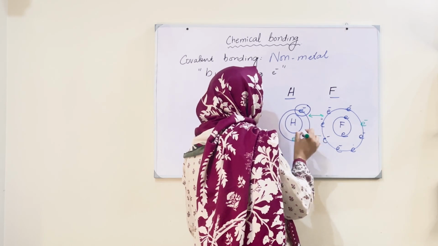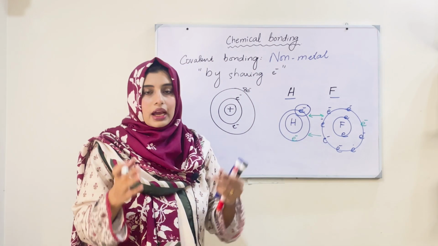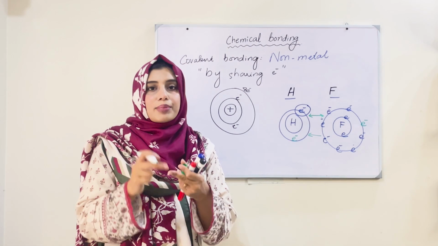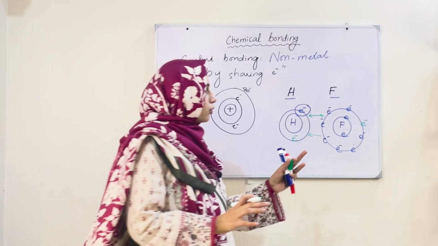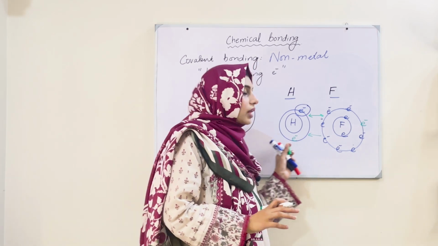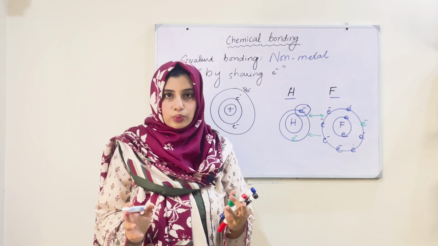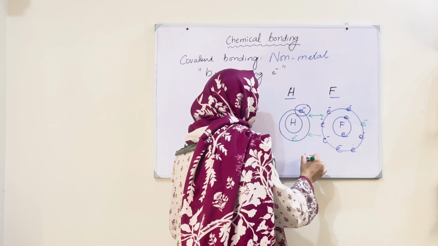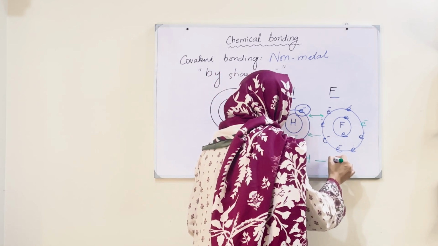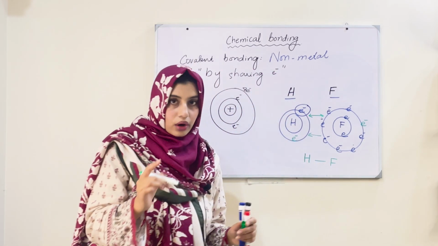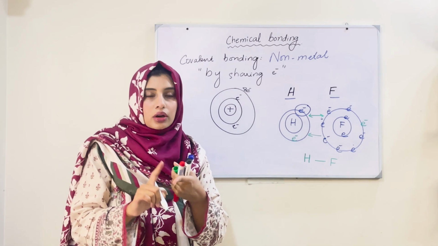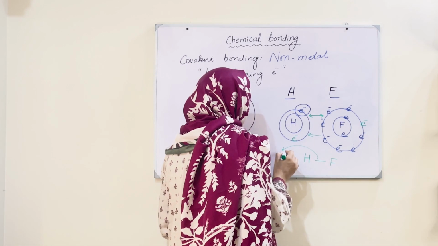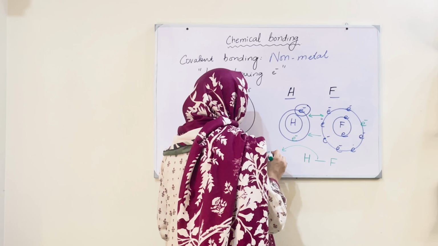Hydrogen is sharing its 1 electron with fluorine and making fluorine 8, and fluorine is sharing its 1 electron with hydrogen and making it 2. So both are stable now, and the bond formed between hydrogen and fluorine is called a covalent bond, and 1 electron pair is shared. That means it is a single covalent bond.